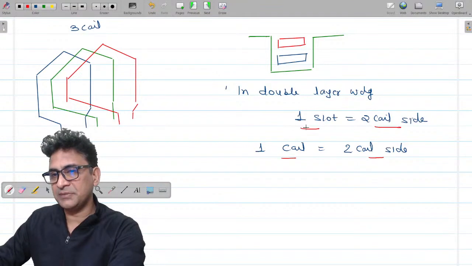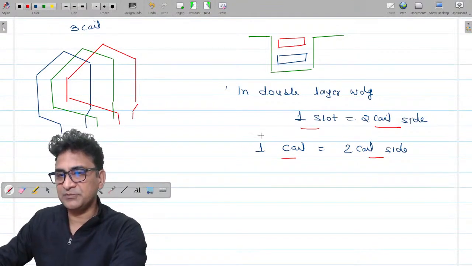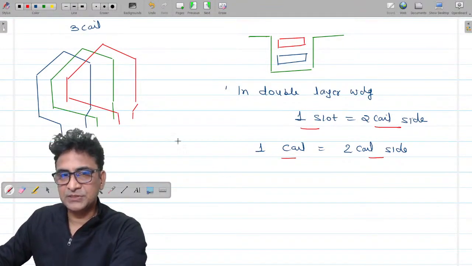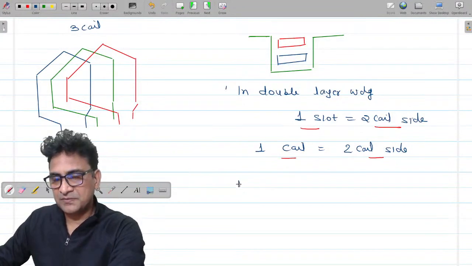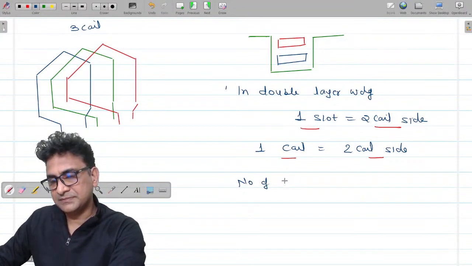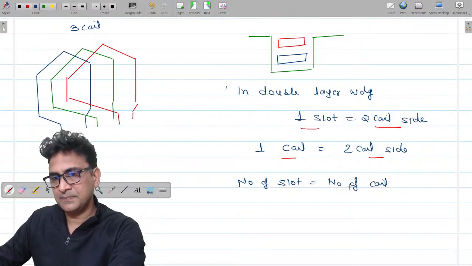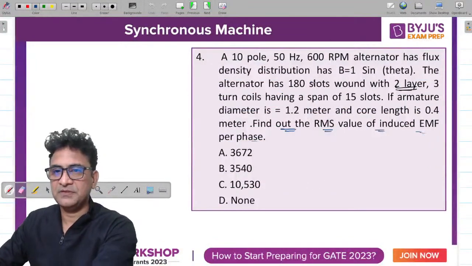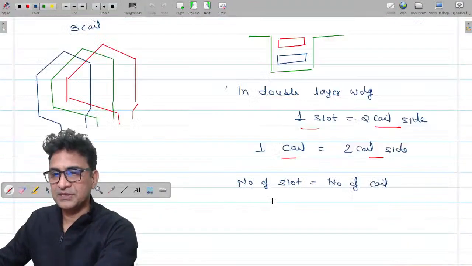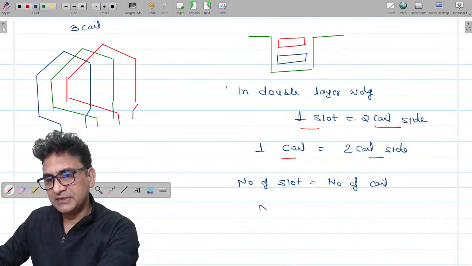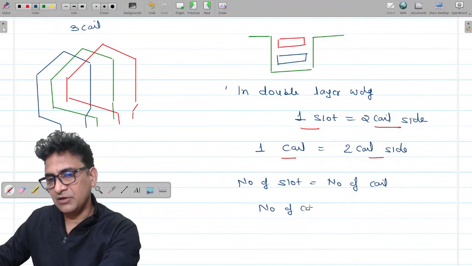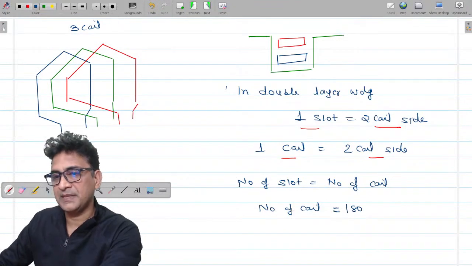That means the total number of slots in this machine is equivalent to the total number of coils. So number of slots is equivalent to number of coils. Clear? How many slots do we have? We have 180 slots. If you have 180 slots, then the total number of coils in the alternator would be 180.